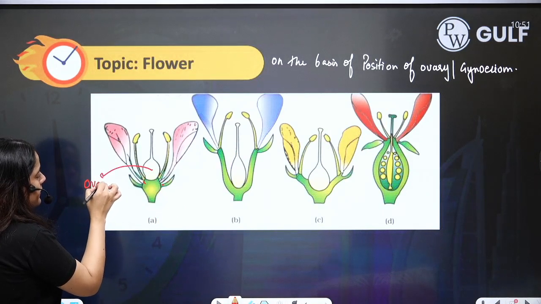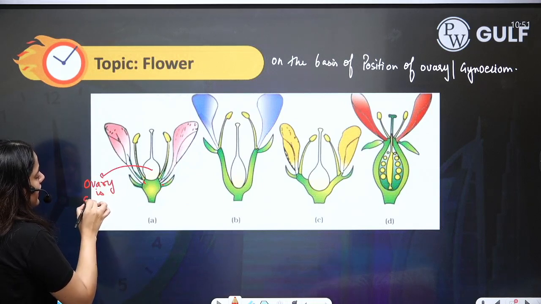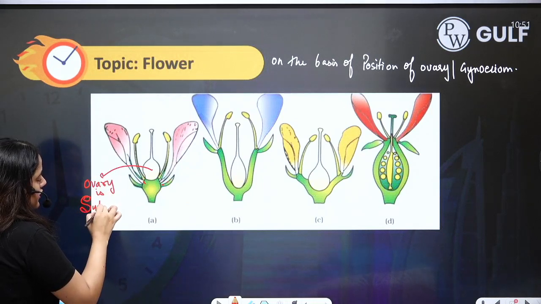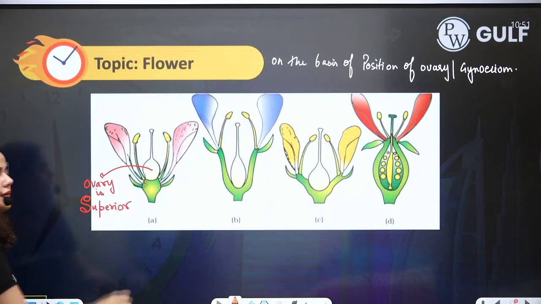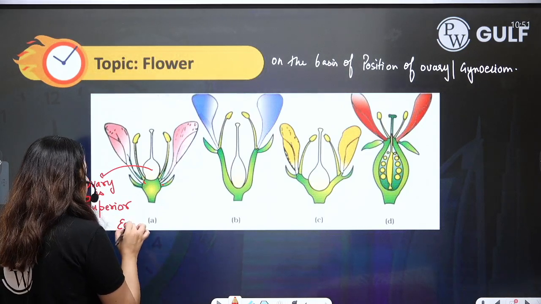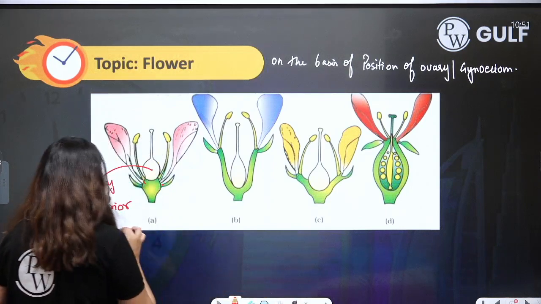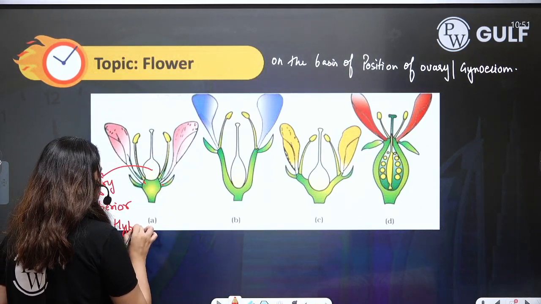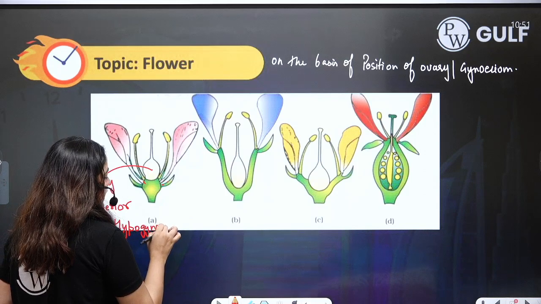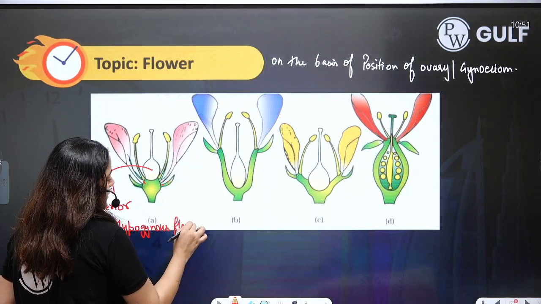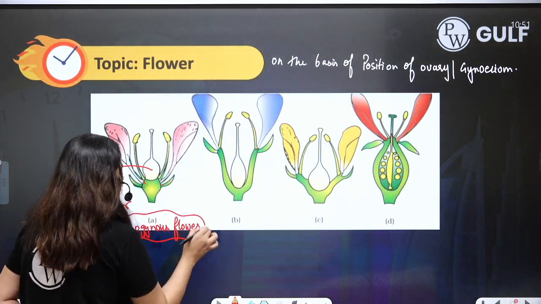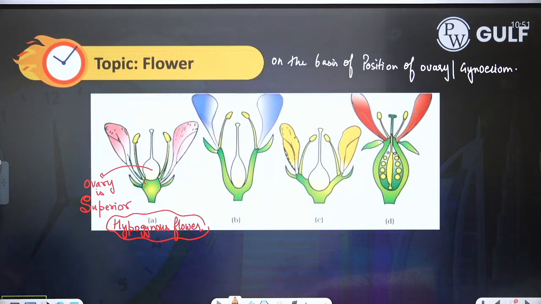Here, the ovary is at the highest position. Ovary is superior. This type of flower is known as hypogynous flower.